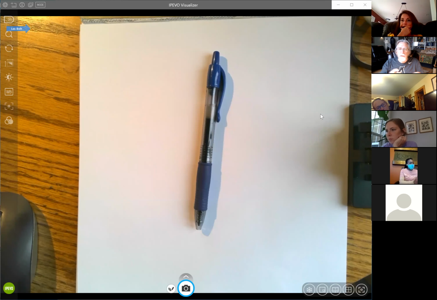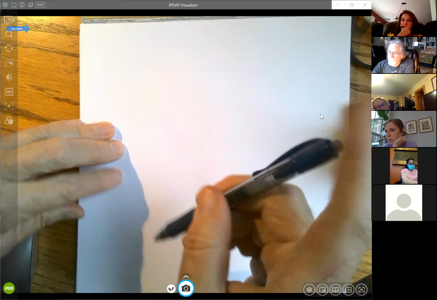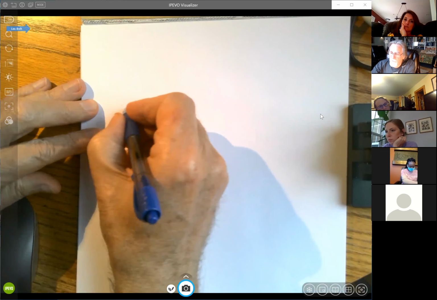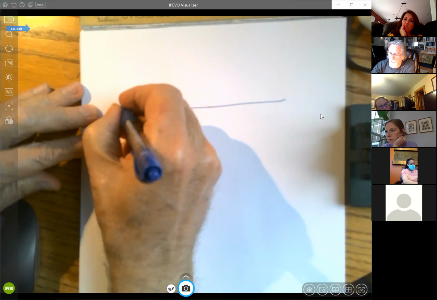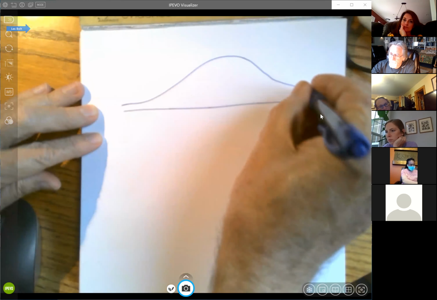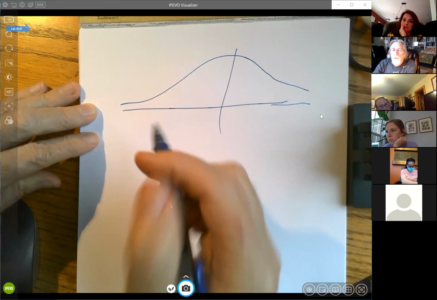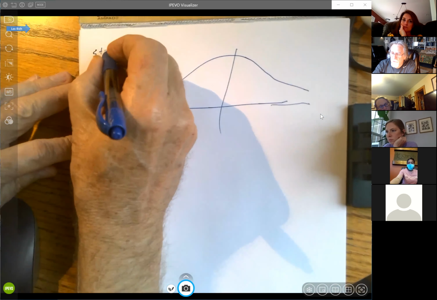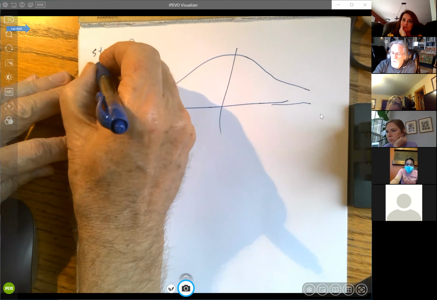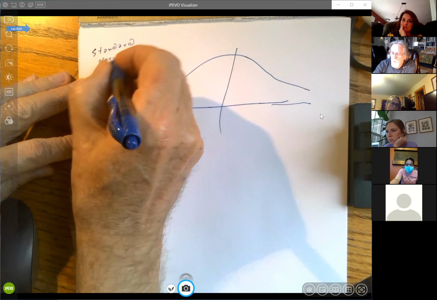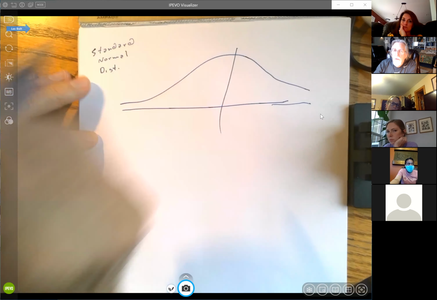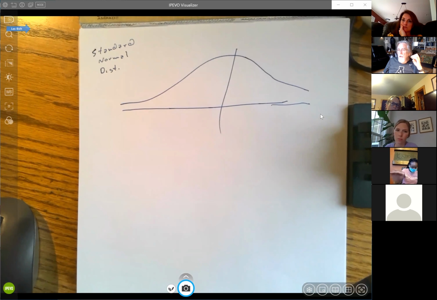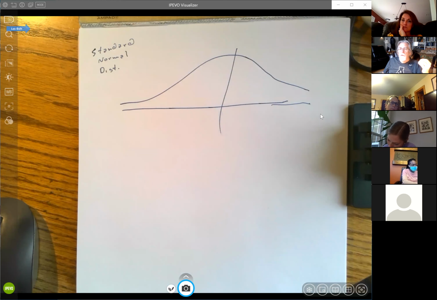And so back in the previous video, I dealt with this notion of looking at what we called a standard normal distribution. This standard normal distribution is created by converting raw scores into what are called standard scores, or in terms of the statistic, z-scores.